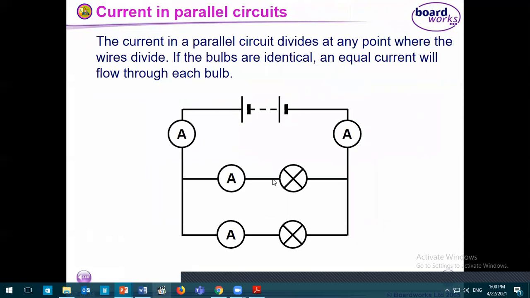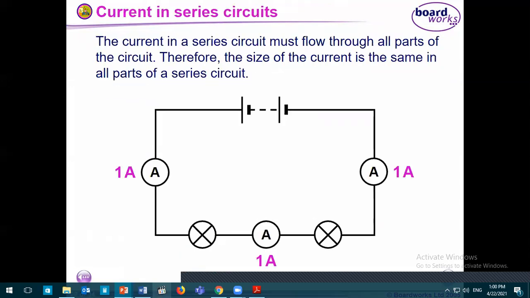But in the parallel circuit, if I added more bulbs, it's okay. All the bulbs will get the same energy. They will get all the energy. And that's why the batteries in here, because they do not divide their energy, will run out fast.